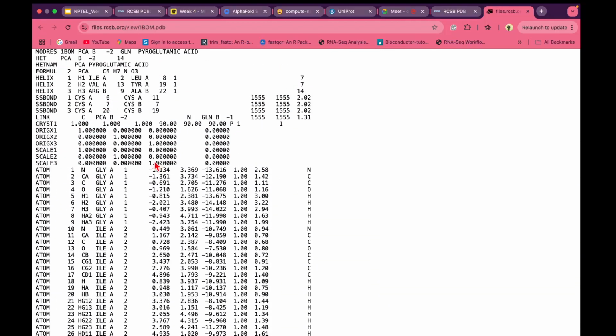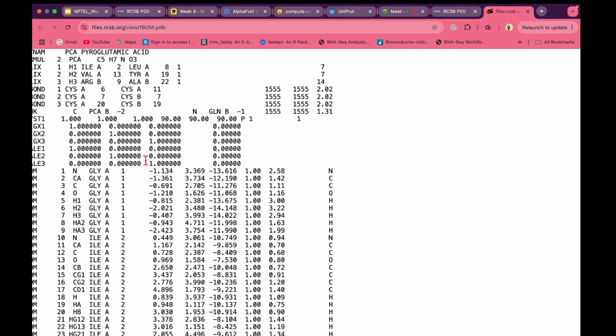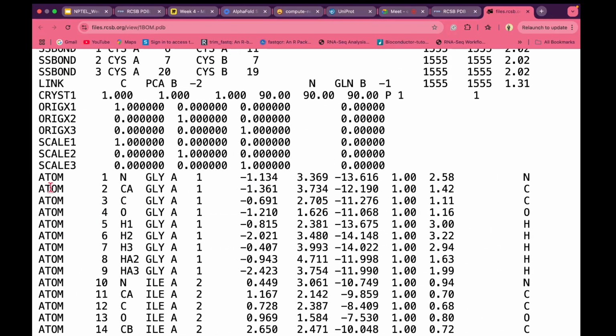Then here we see the atom section. So the atom section will give serial number of the atom, what is the atom, amino acid code, chain of the protein, residue number, x, y, z coordinates, occupancy and B factor.